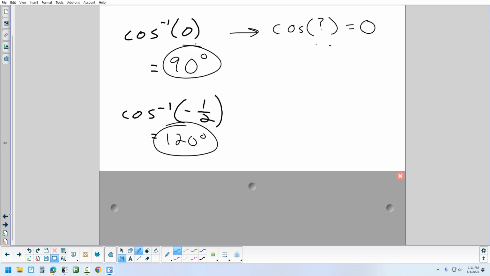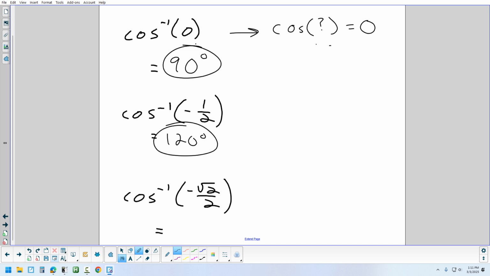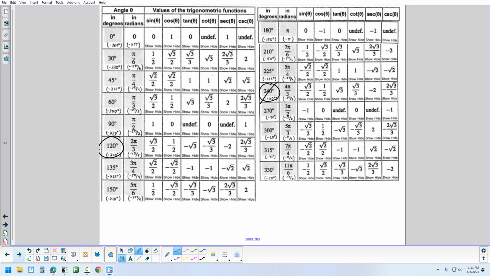All right, let's do one more with inverse cosine. So negative root 2 over 2. Okay, let's go down. There we go. 225. So you use 135. Those other answers aren't between 0 and 180.